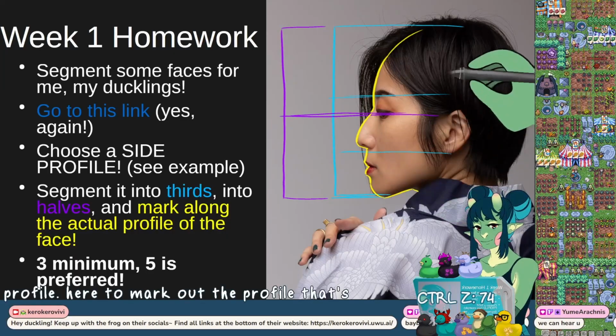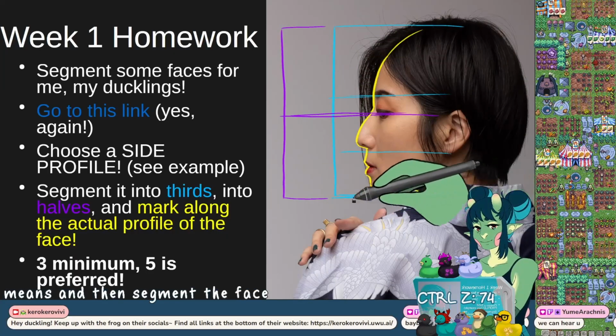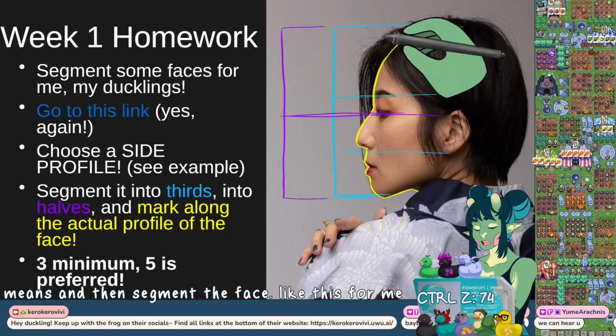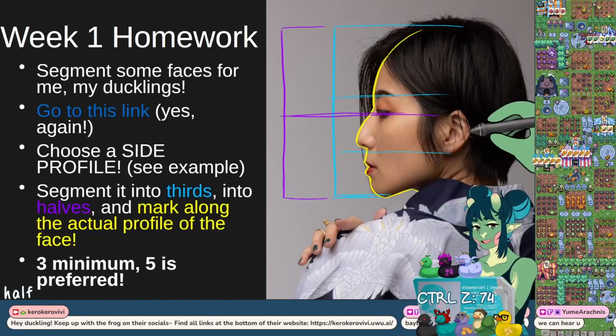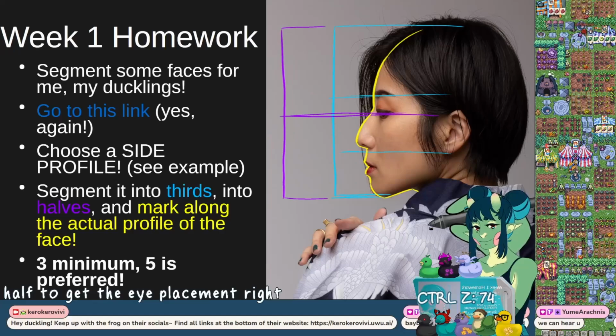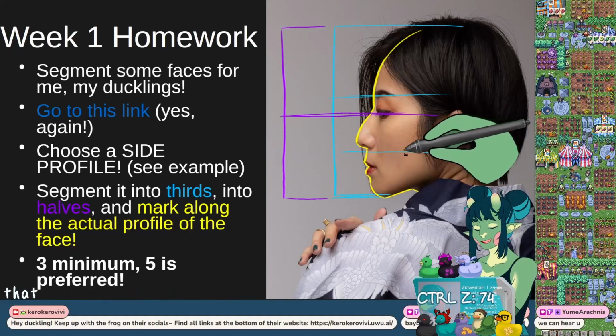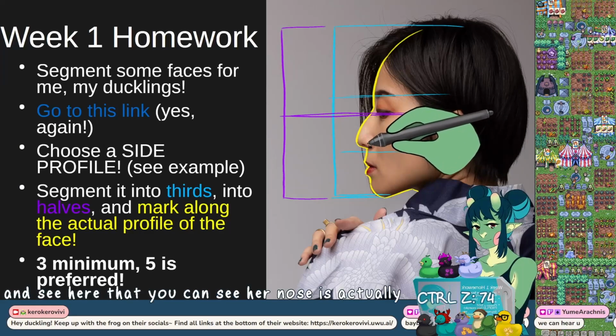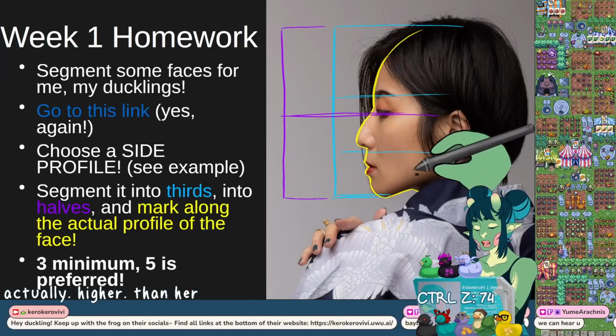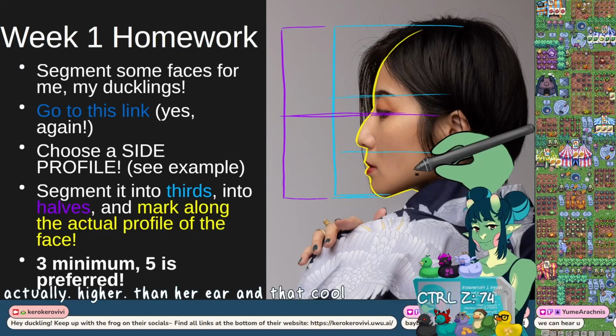That's what that means. Then segment the face like this for me in blue, and split it in half to get the eye placement, right? You can see here that her nose is actually higher than her ear. Isn't that cool? Minute differences.